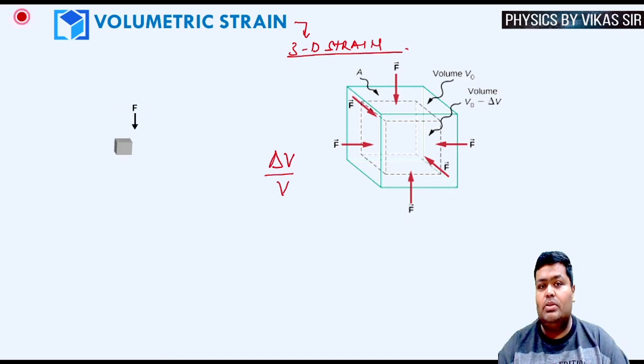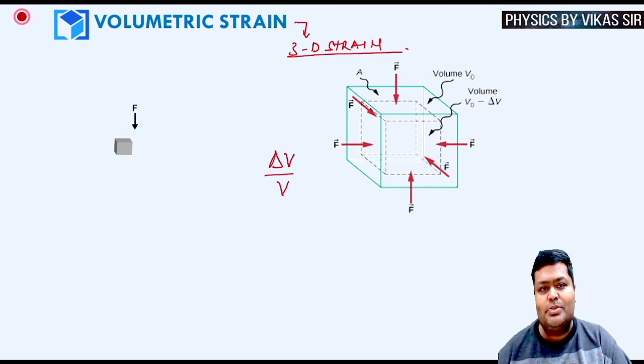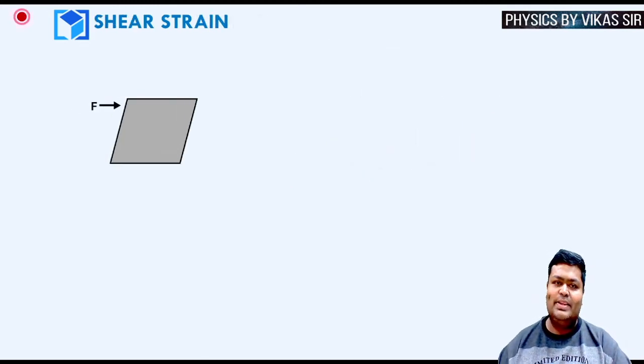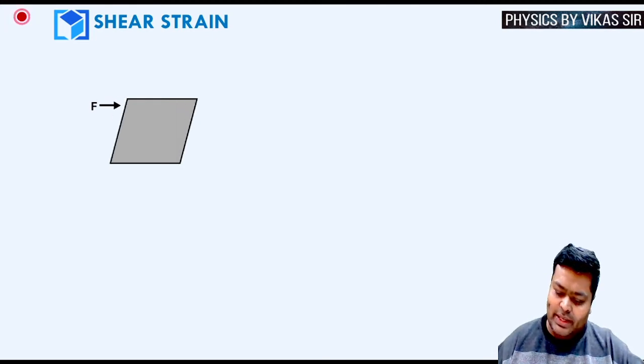So the linear strain and the volumetric strain both are because of the normal stresses, and hence they are measuring a relative change in the size or the dimensions. So who is going to talk about the shape changes? For this we are talking about a shear strain. Now let's understand the shear action.